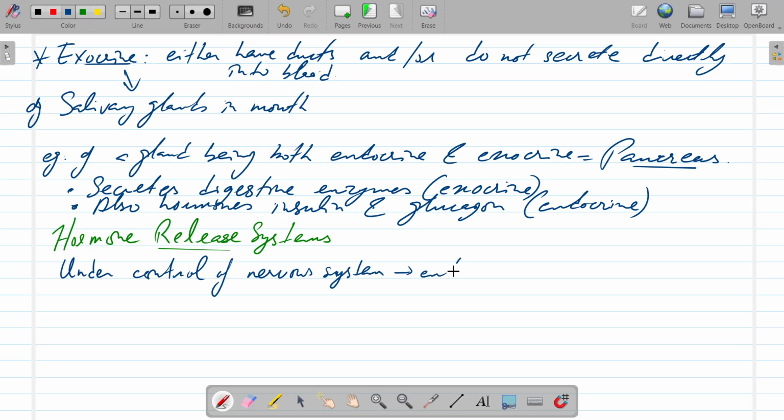So if an endocrine gland receives a nerve impulse, it will secrete its hormone.